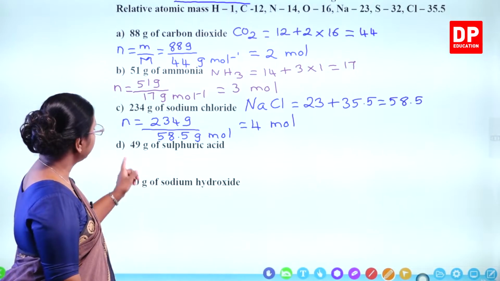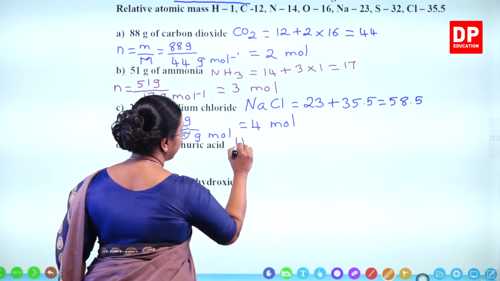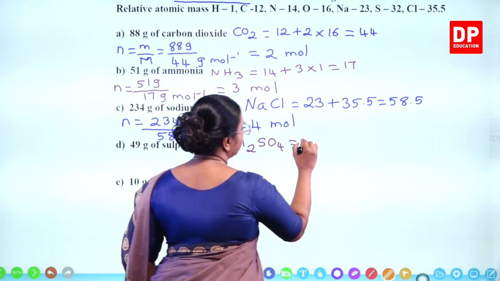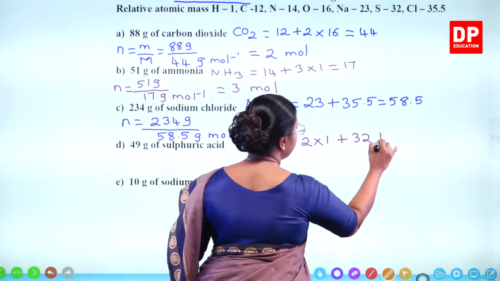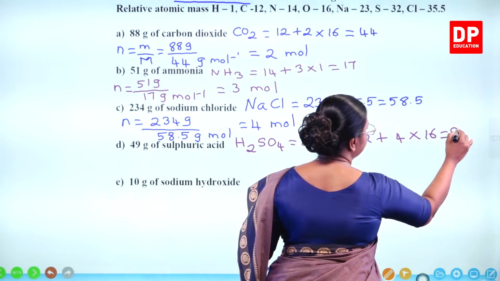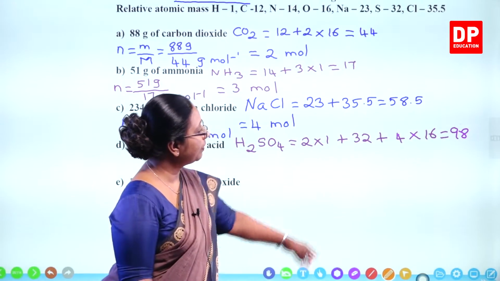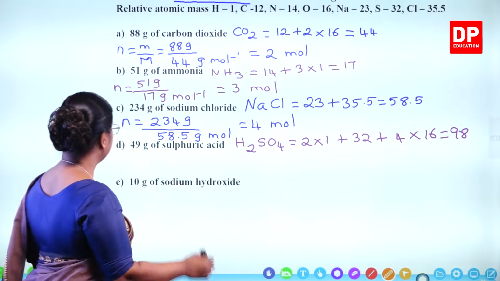Then the next one, 49 gram of sulfuric acid. What is sulfuric acid? H2SO4. So 2 times hydrogen 1 plus sulfur 32 and 4 times oxygen 16. That will be 98. 2 plus 32 plus 4 into 16, 64. So it's 98.